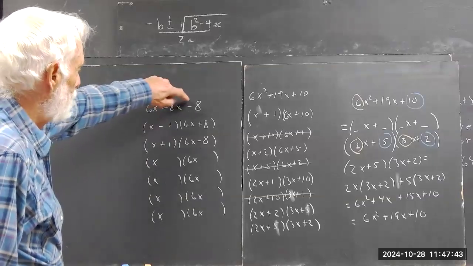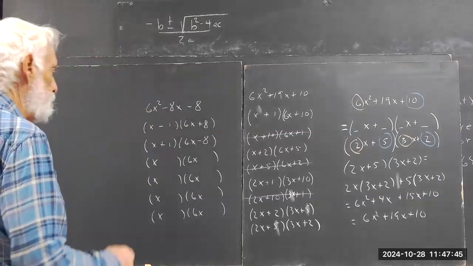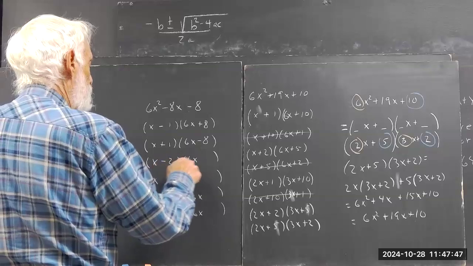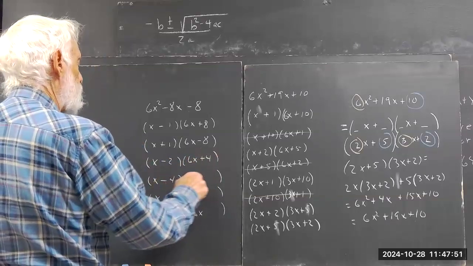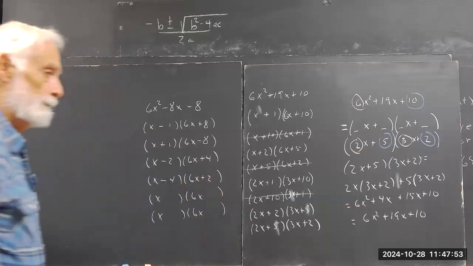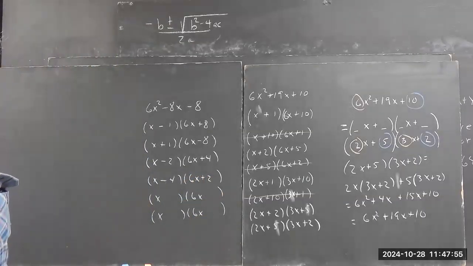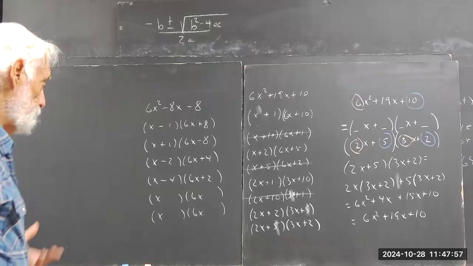Okay. Other ways of getting 8 would be minus 2 plus 4, or minus 4 and plus 2. These would be possibilities.